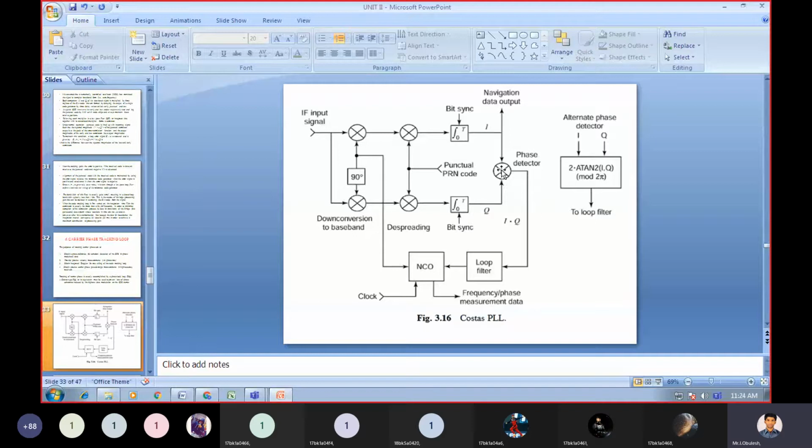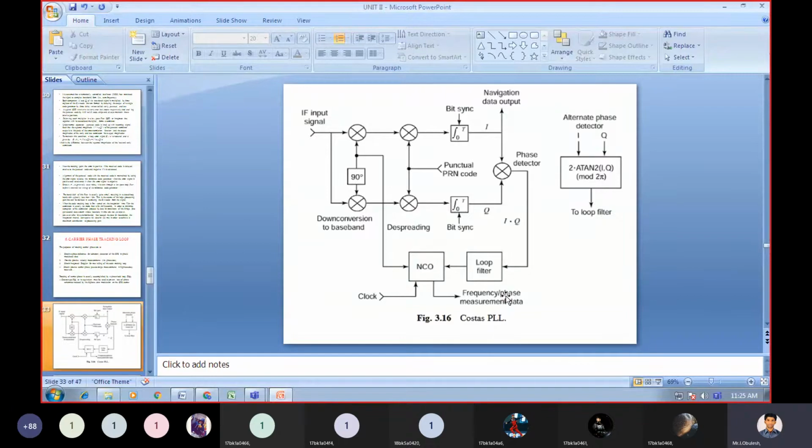You connect these two to the phase detector, which detects the phase of your output signal. What you get from that, you connect to your loop filter. Here we will get the output navigation data.